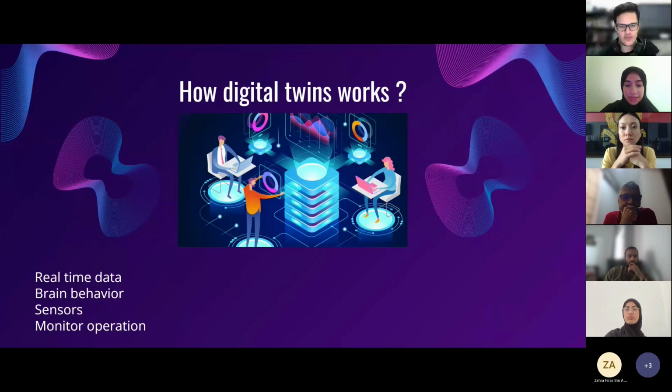Real-time data is always at the advanced level of the digital twins, and the physical is at the basic level. So the digital twins work on sensors, brain behavior, and monitoring operation. When we are going to activate the digital twins, first of all, we need to read about it. After we read about it, we need to put in real-time data and activate the sensors, and we can then go to the heuristical data.